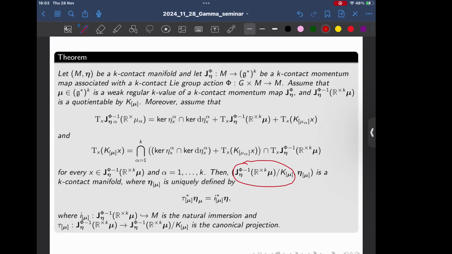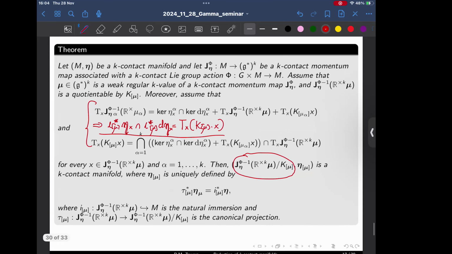So in principle, these conditions imply that J iota mu eta bold X intersected with the characteristic distribution is given by the tangent space to k mu of X. These two conditions guarantee that this holds.